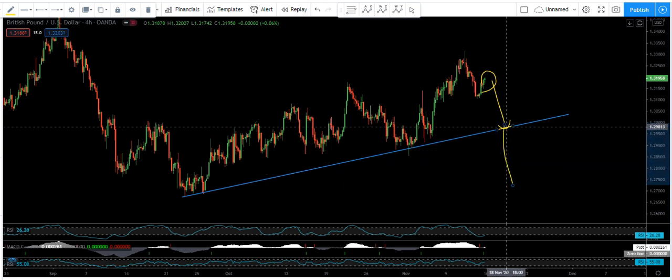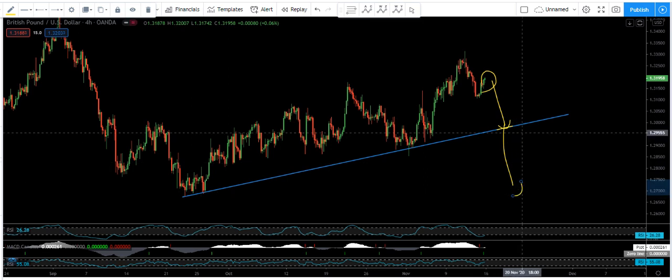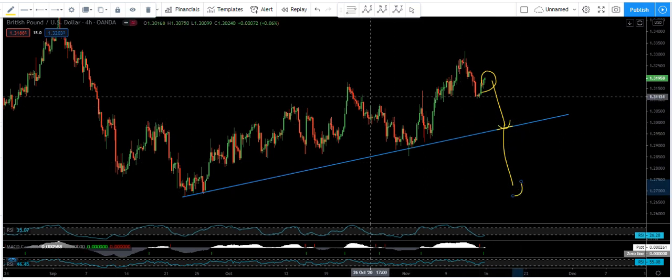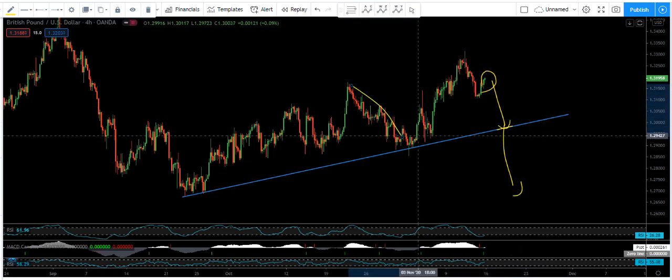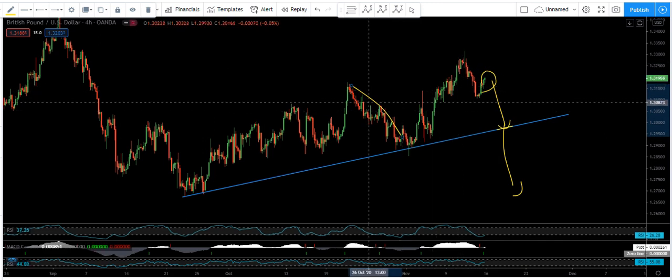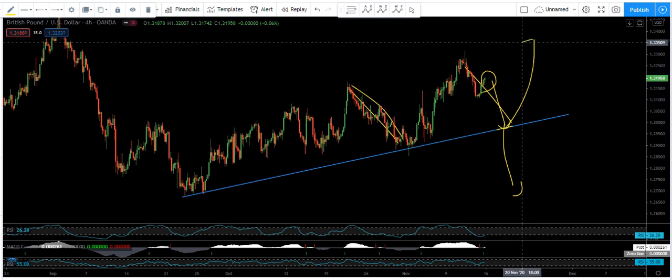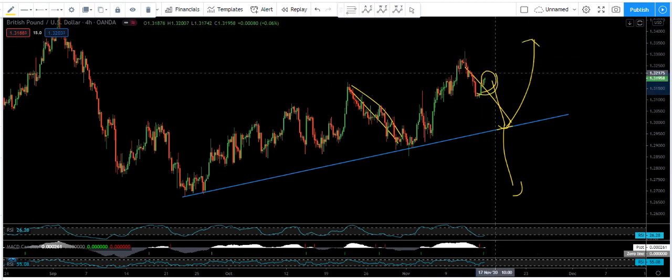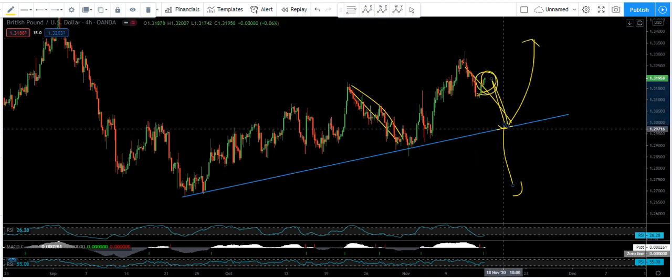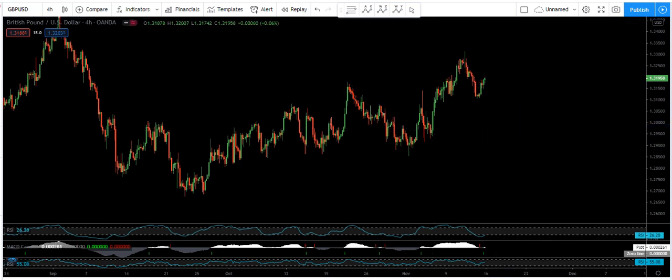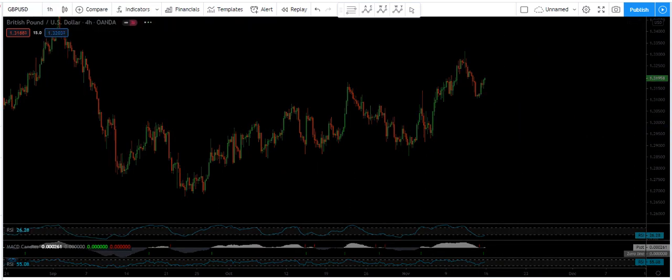That means we need to manage it. If there is a continuation, we see a sharp move and break, it is good for us. But if this is not correcting, in that case we consider as an option that this correction will be relative to this. That means there is a possibility the price can reverse. That means any buy or sell within this, as long as the price comes to this trend line, we need to start to manage it. Anyway, we don't have any trade setup right now.